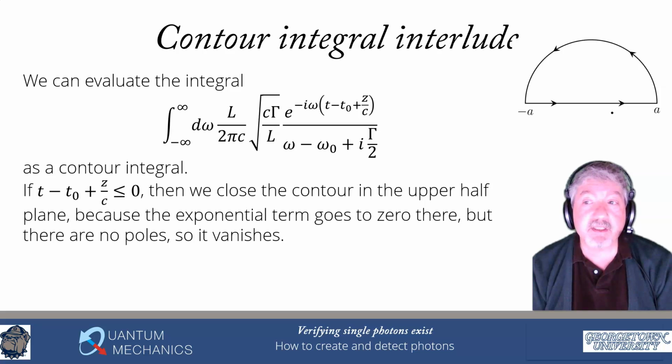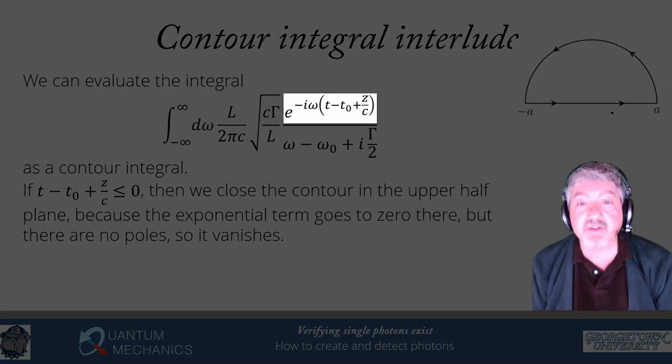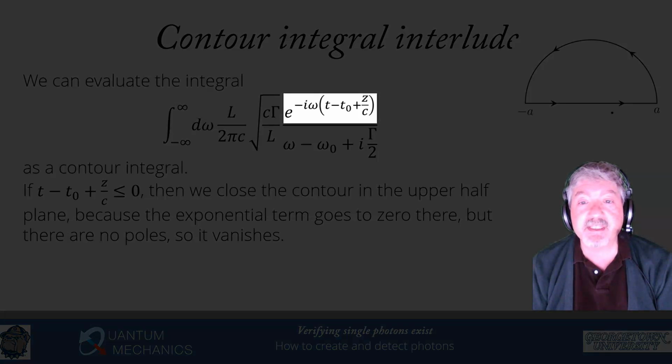Now, in this particular case, closing in the upper half plane, take a look at that exponential factor. If t minus t0 plus z over c is negative, then that factor is the exponential of i times a positive number. If I take my omega and I replace it by a complex number that's in the upper half plane, then it's going to be equal to a real number plus i times a positive number.